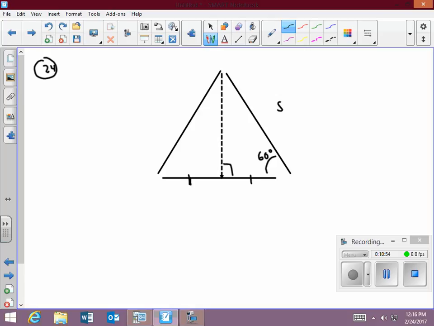So if the sides are S, then this is S over 2, and this is S over 2, and this is the height. Use this to find a formula for the area, where the area is equal to 1/2 the base times the height.